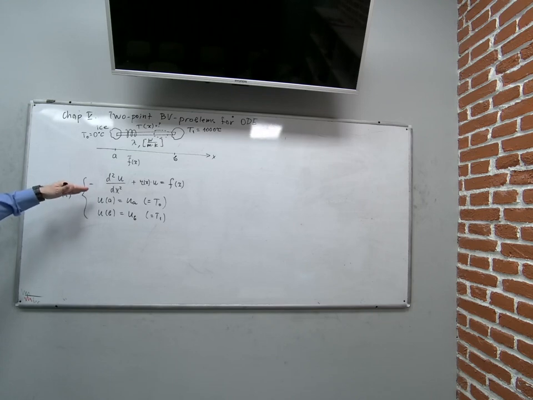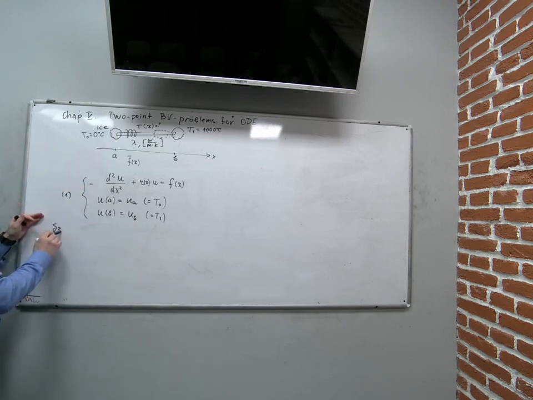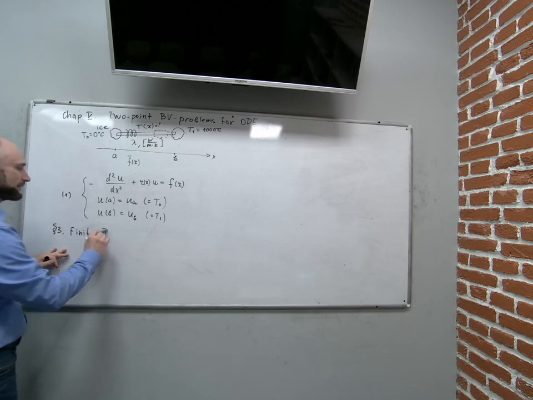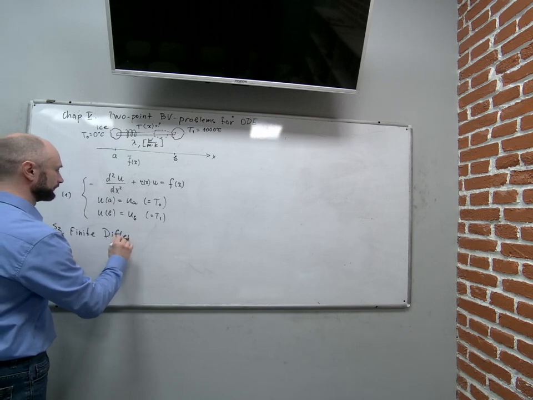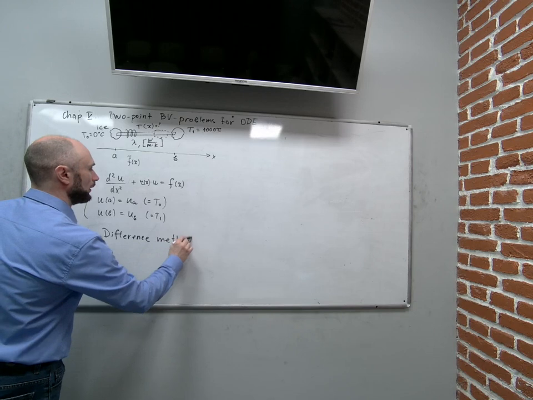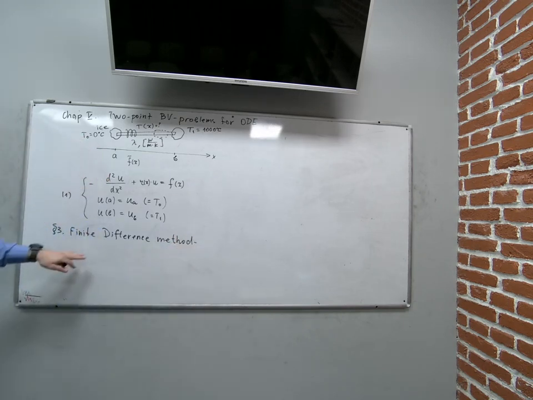How can we approach that? One approach was shooting, and another approach is the finite difference method. What means the finite difference?